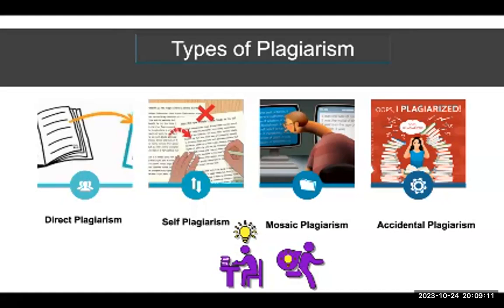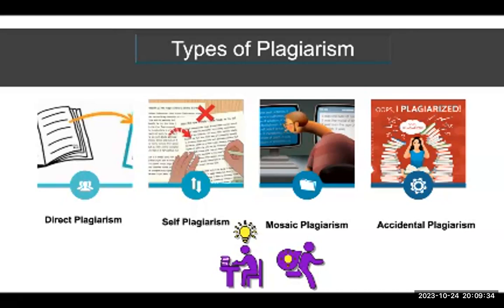So in this case, you need to avoid borrowing phrases from others' work without mentioning that they don't belong to you. You have to put them in quotes, or you have to attribute properly. Otherwise, it is another serious act of crime in the form of mosaic plagiarism.